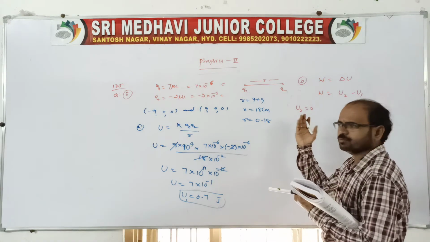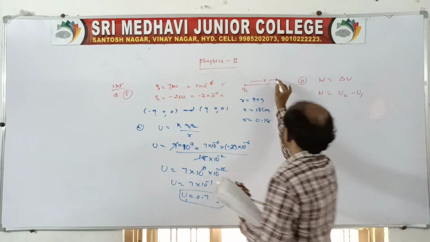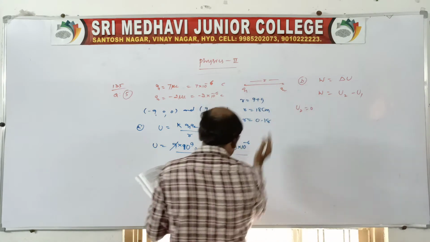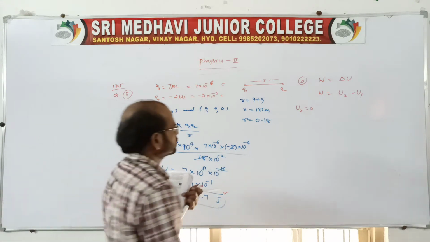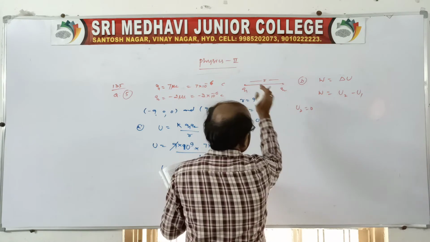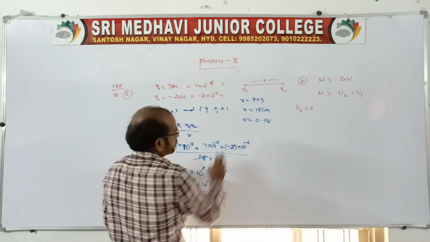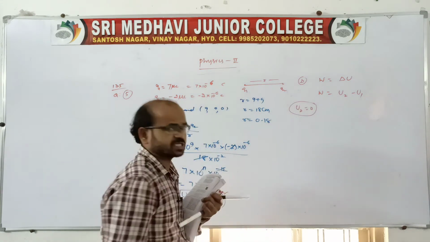It is the final point. Because now they are located at a distance like this, and now we are separating the two charges. When the separated distance is R, this is the initial potential energy. Now we are separating the two charges till infinite distance. At infinity the potential energy will be 0.